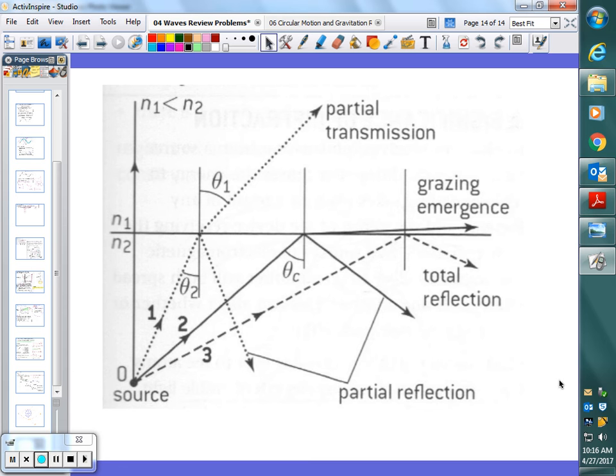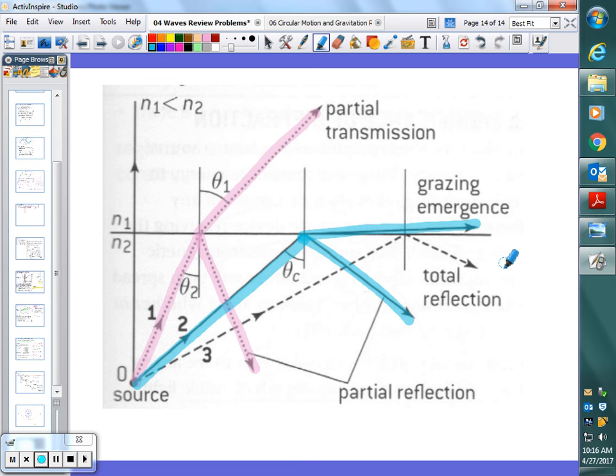So here, 3 things happen with the 3 different rays. For ray 1, we get partial reflection, partial refraction. For ray 2, partial reflection, partial refraction. That angle is different because the angle of incidence is different.